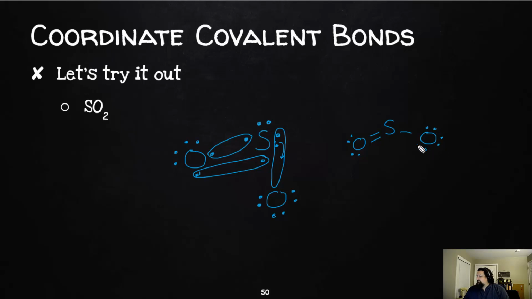And an important note is once this forms, the coordinate covalent bond does not operate any different. This is how it operates, okay? And so we get SO2, all right? And this is it, guys. Anytime you hit that wall, just think, is there a way that we could do a 2 and 0 instead of a 1 and 1? And that's all the coordinate covalent bond is.